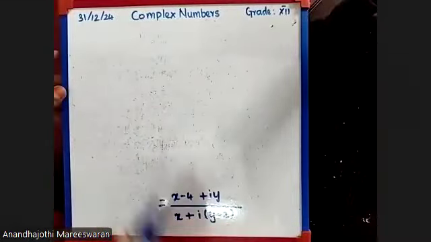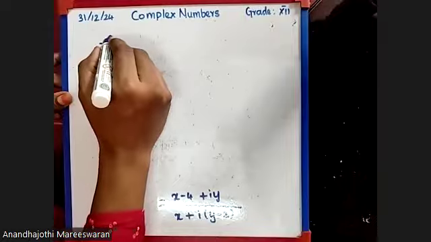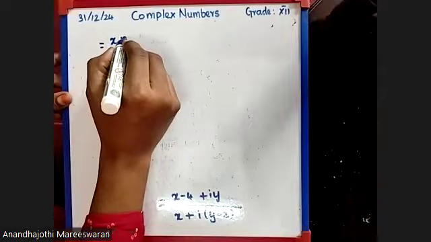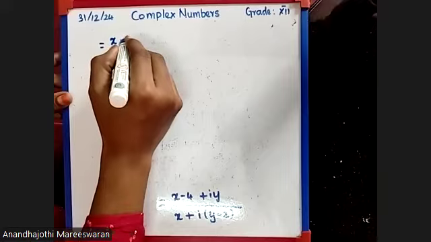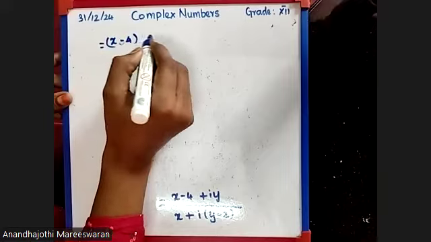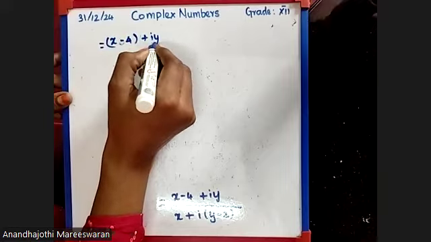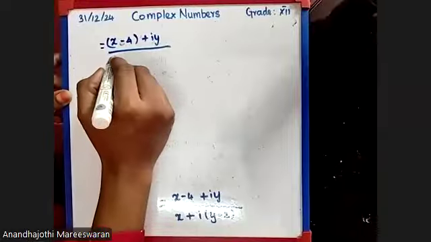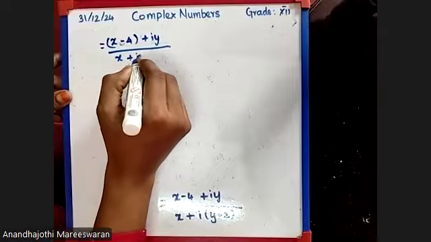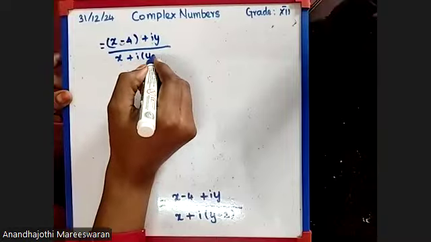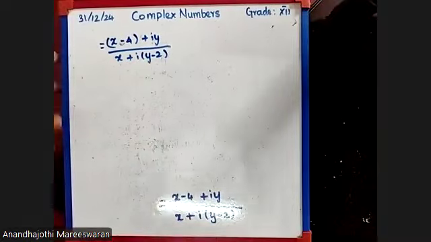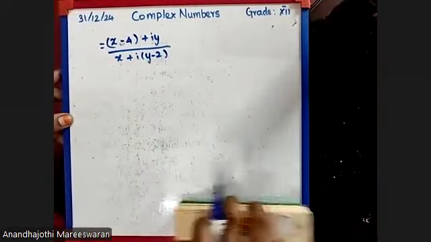What I already had: (x minus 4 plus iy) divided by (x plus i multiplied by (y minus 2)). This is what I solved.